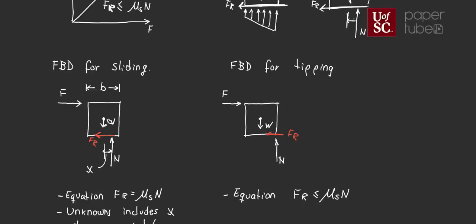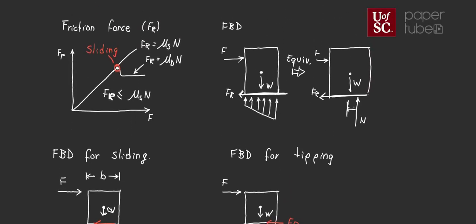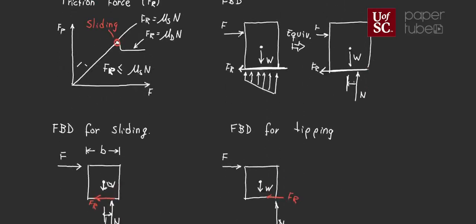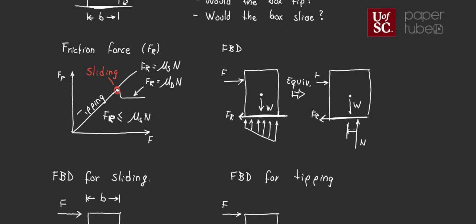What that means is in this top left diagram, somewhere on this straight line is when we have the tipping, right? Somewhere in that straight line we have tipping.